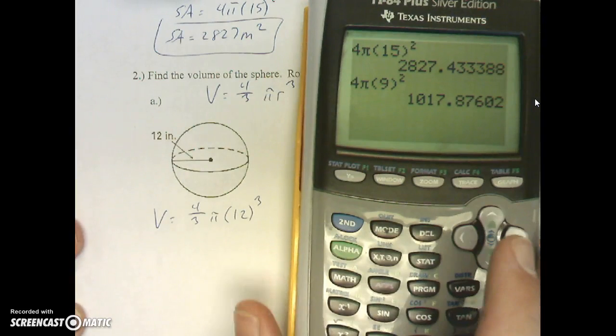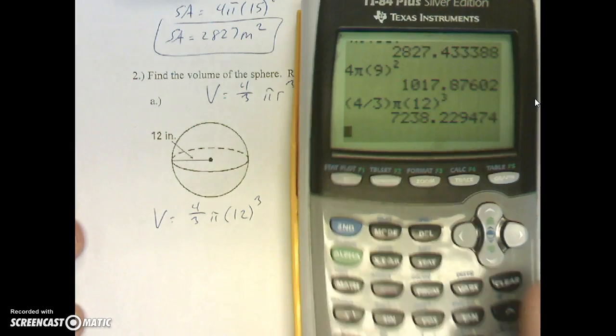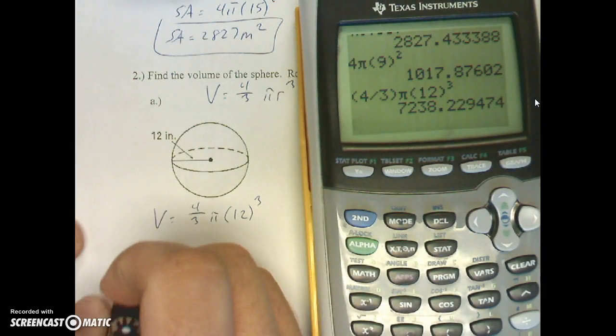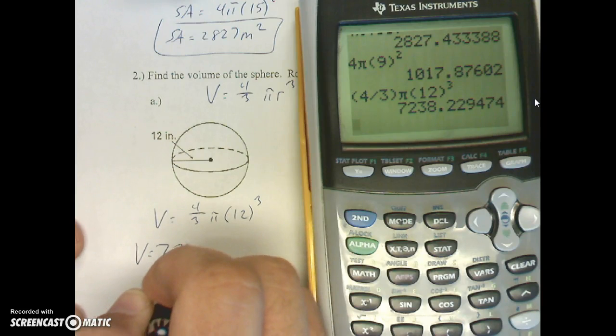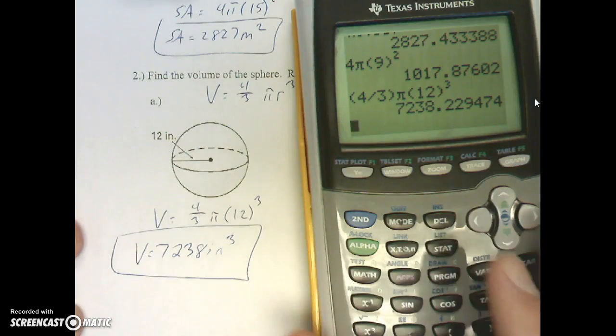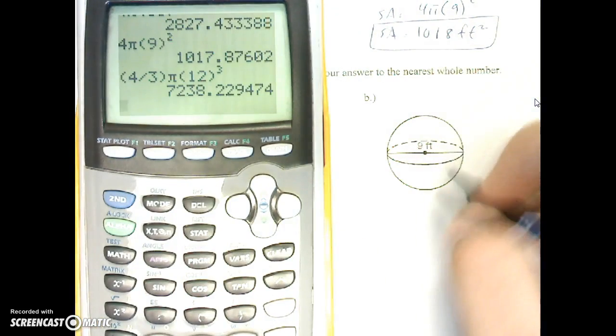So we got parentheses, 4 divided by 3. Anytime you're putting a fraction in a calculator, please make sure you're putting parentheses around it. Pi, parentheses, 12 cubed. Rounding to the nearest whole number again, this is going to be 7,238 inches cubed. Awesome.